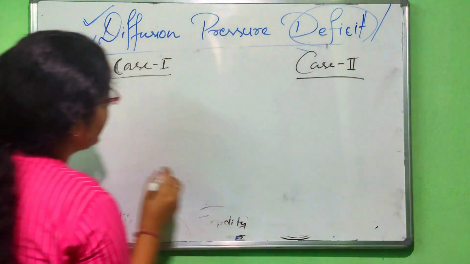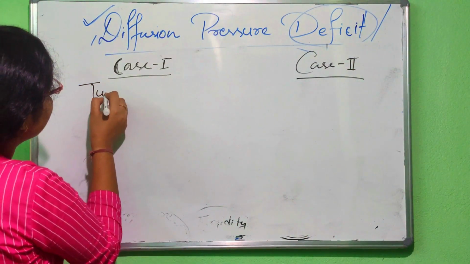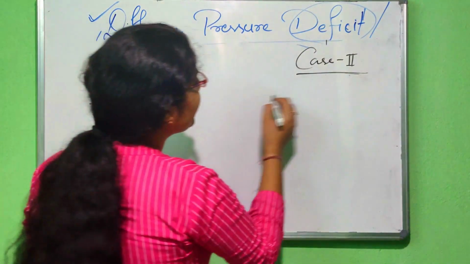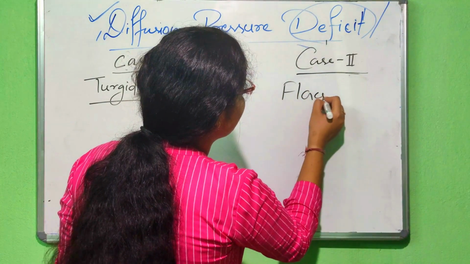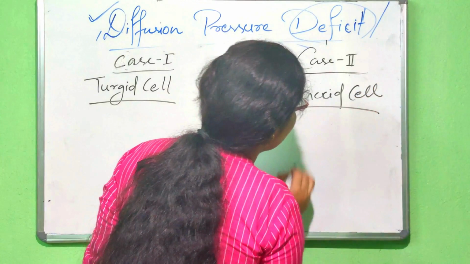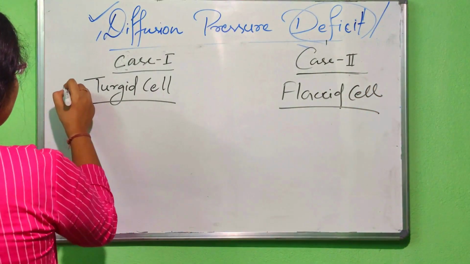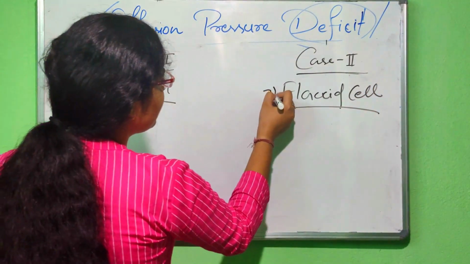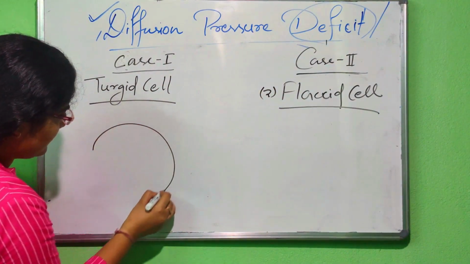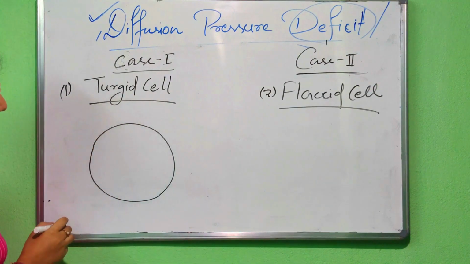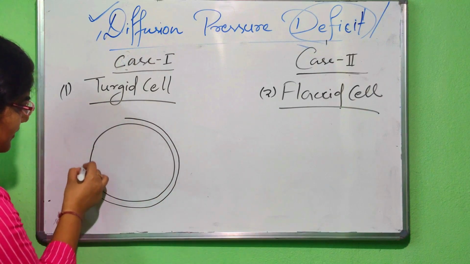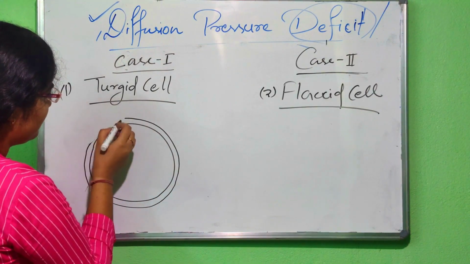Here we consider a turgid cell, and here is the flaccid cell. Let's draw a diagram for the two. It is case 1 and it is case 2. Okay, turgid cell. See, it is a cell. This is the cell wall.